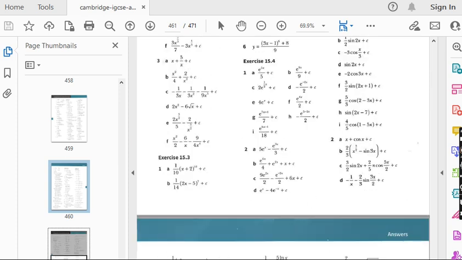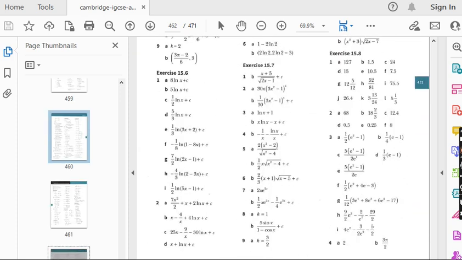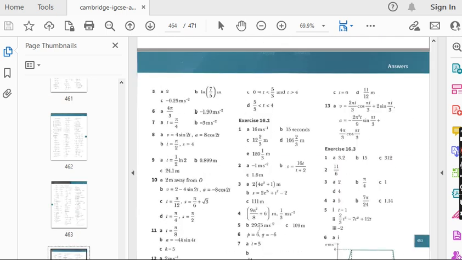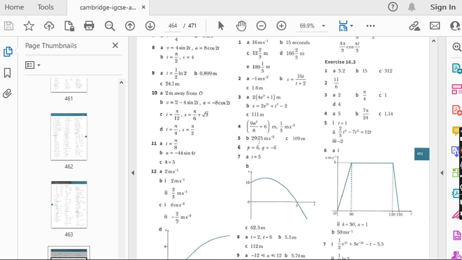Exercise 16.2 question number 7. The answer is 62.5.